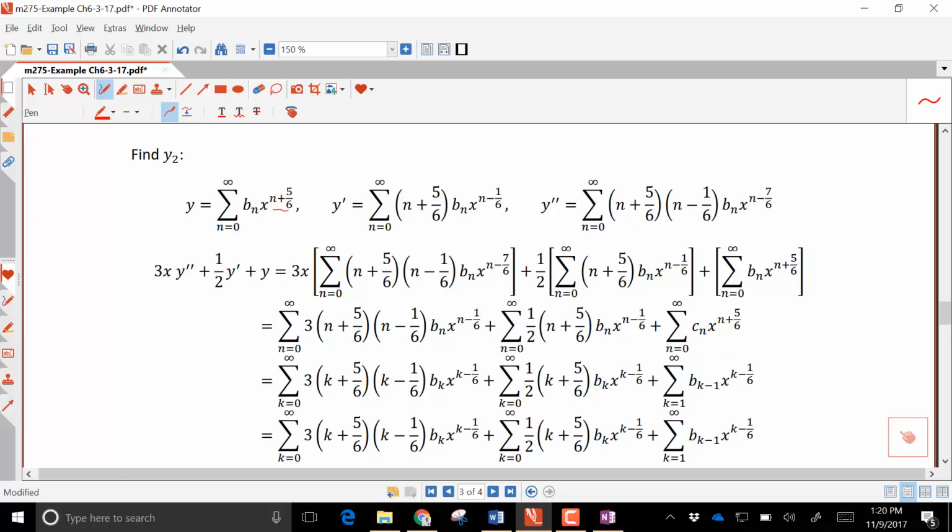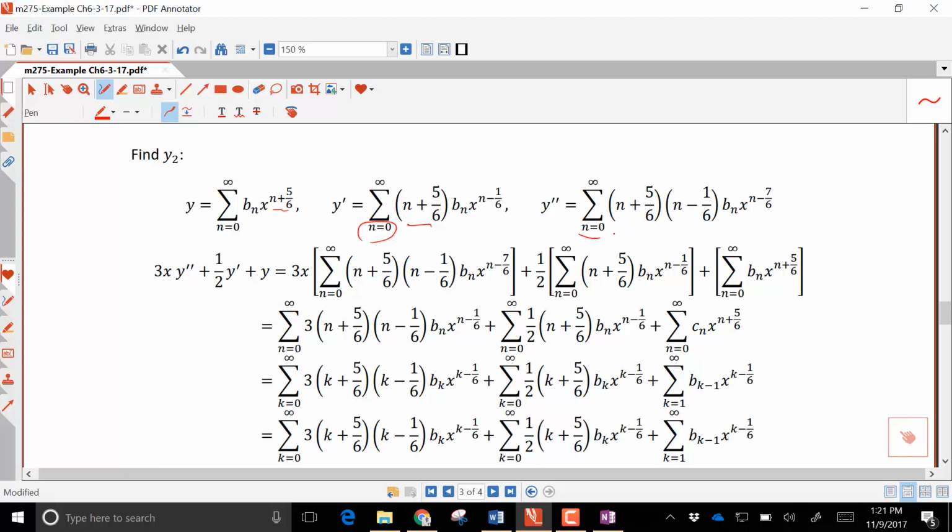So if that's your y, that's your function, you find its derivatives, and the derivatives are going to generate these n plus r2 and n plus r2 times n plus r2 minus 1 factors. But it's just the derivative, right? Derivative of an infinite series. You do term by term differentiation.